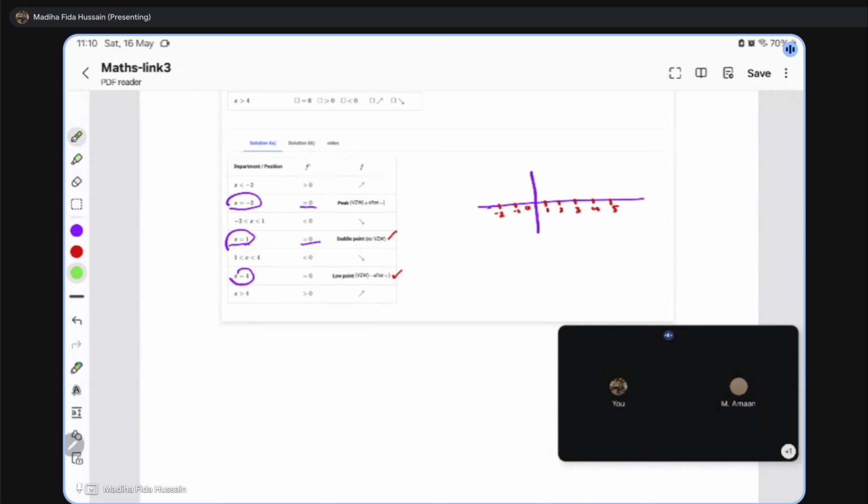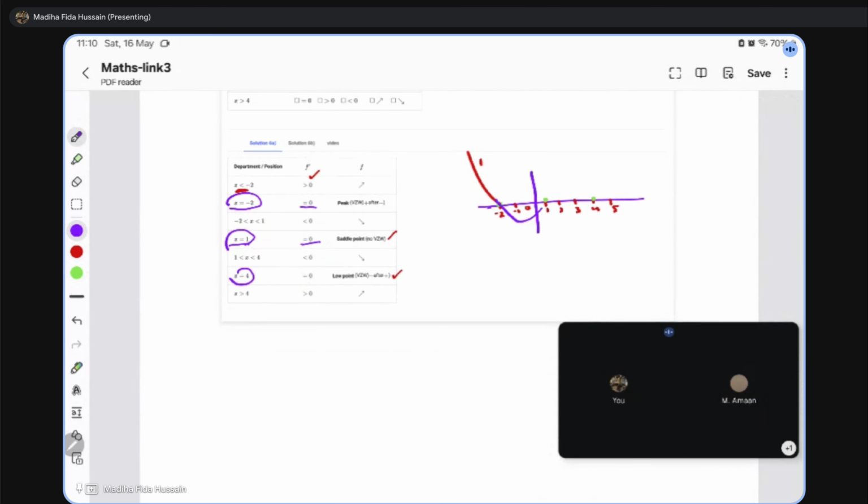Now my x-intercepts are this and this. On the left of -2 this is positive, so I start on the left side of -2 above the x-axis. Then after that it is below the x-axis.